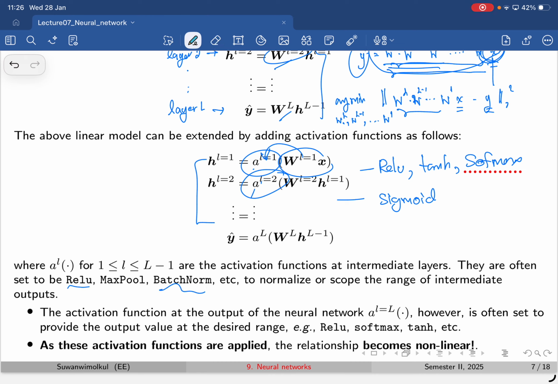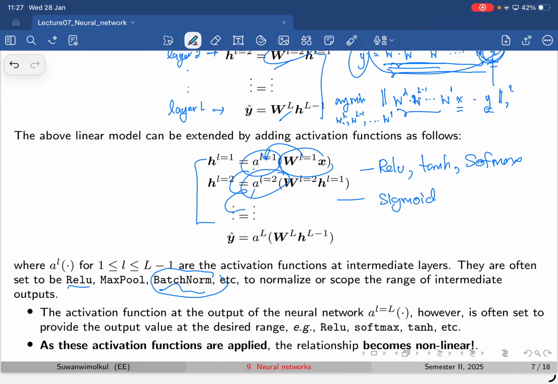And the reason is because batch normalization will help normalize your data as it passes through the information. And ReLU would help restrict the output from each layer to have only positive values. Sometimes it helps. Actually, batch normalization could help when you compute your backward propagation.